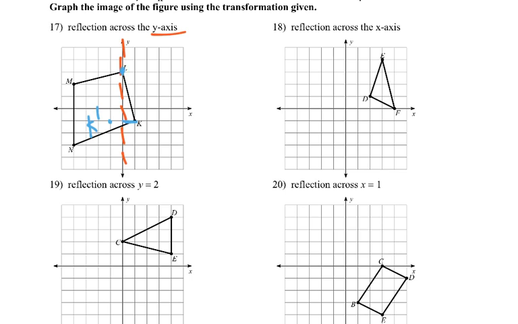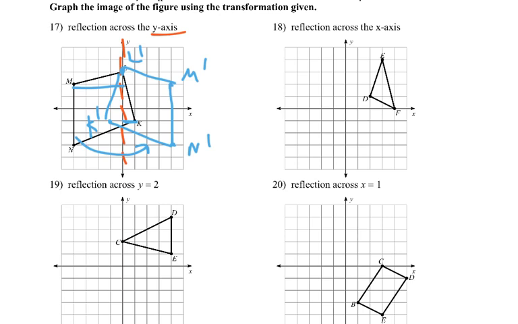L is on the line, so L prime is going to stay on the line. M is to the left 1, 2, 3, 4, so it's going to go to the right. And there's M prime. Same with N. There's N prime. And so, there's my new shape. We can kind of see how it's almost like it's rotating around, but it's a reflection. Okay, if we fold the paper, that's what we'd end up with.